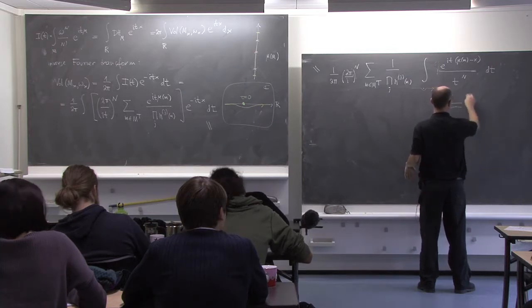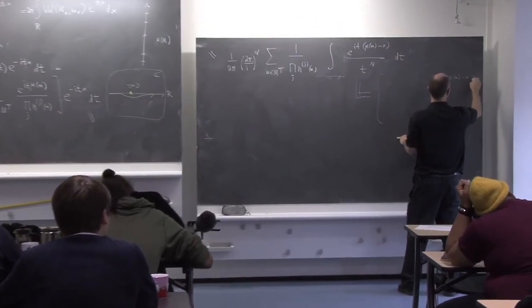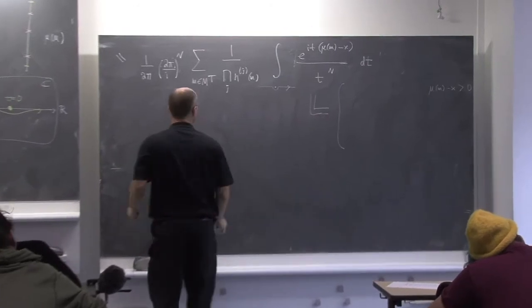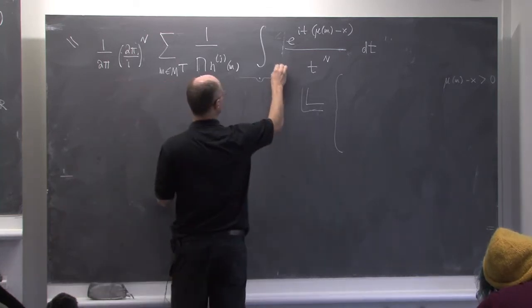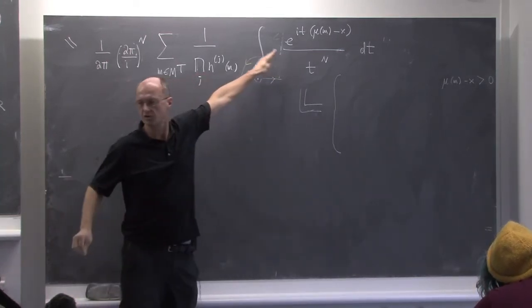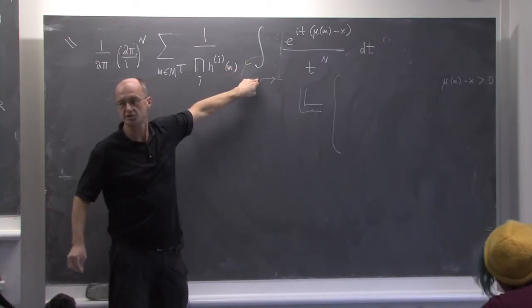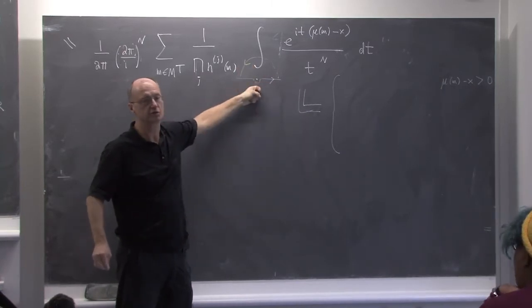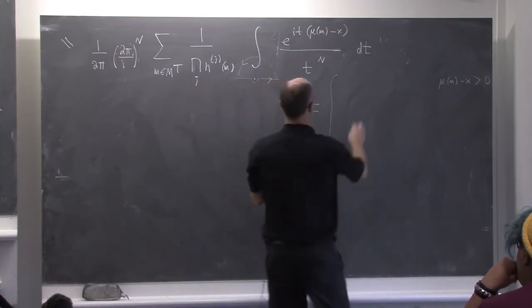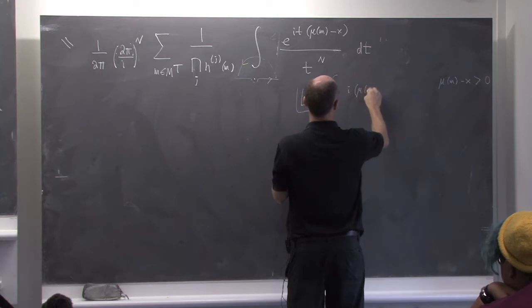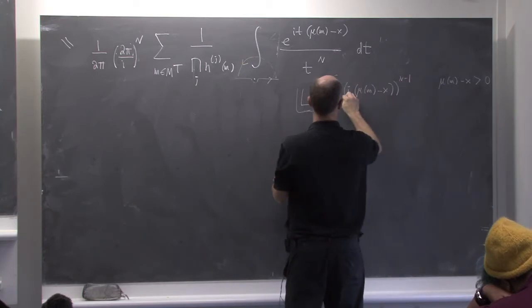If I'm not mistaken, if mu of m minus x is greater than 0, then, you correct me if I'm wrong, you should close the contour in the upper half plane, and then the singularity will be inside the integration contour, and this means that this will give you i times mu of m minus x to the power n minus 1.